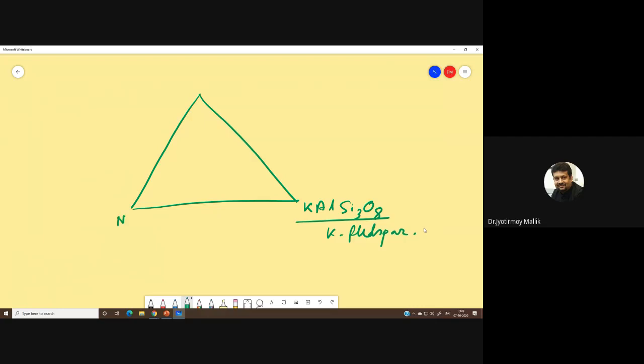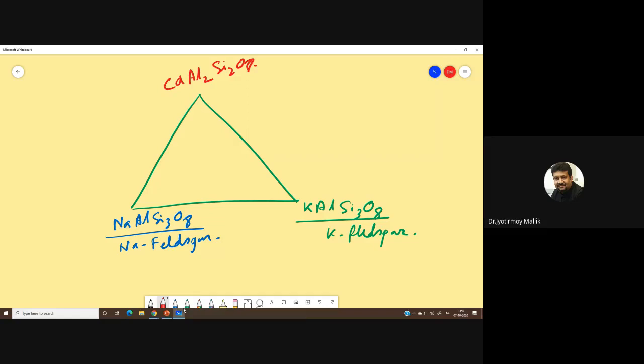Then this is NaAlSi3O8. This is sodium feldspar. And then the third end member is CaAl2Si2O8.